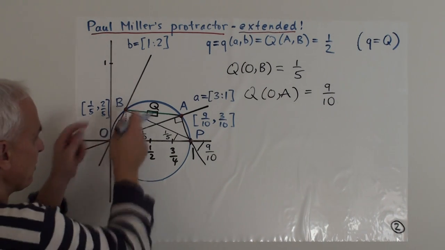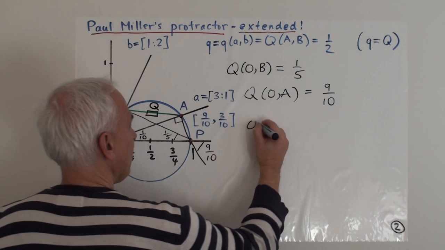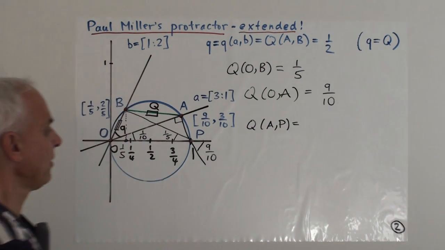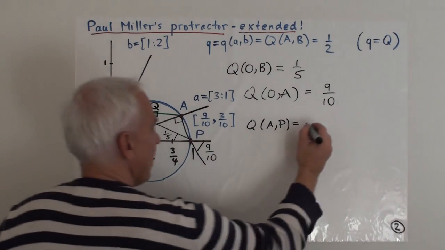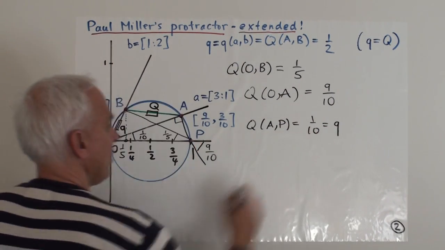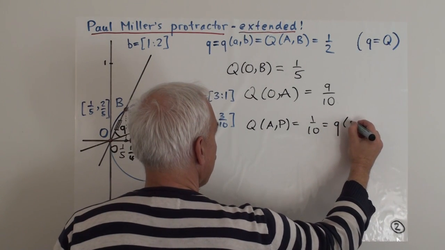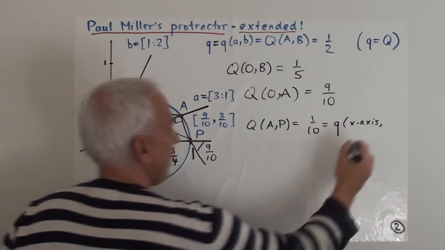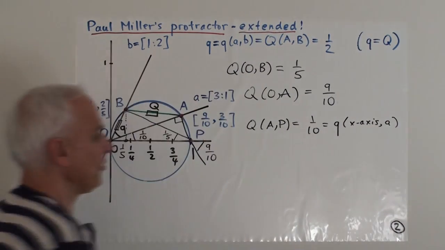And so by the same corresponding fact, the quadrance between A and P is going to be 1/10. Okay, it's the same as the quadrance between the x-axis and our line A. Projective quadrance between those two things.